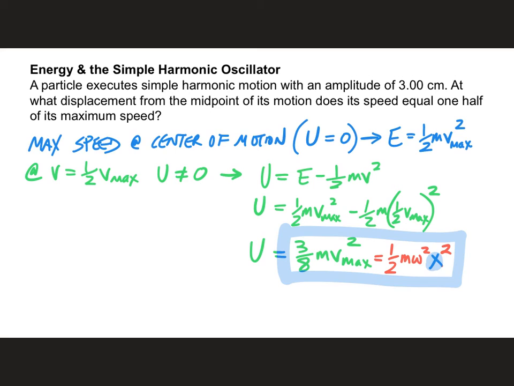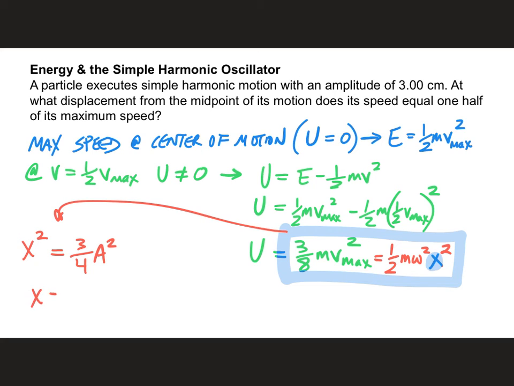All right, so all of this means that x squared, if the mass drops out, you end up getting 3/4 of amplitude squared, which actually makes some sort of sense, because what did we immediately notice about that 3/8 m Vmax squared? That's really 3/4 of mv squared, and that's got to have some sort of relationship to the amplitude.